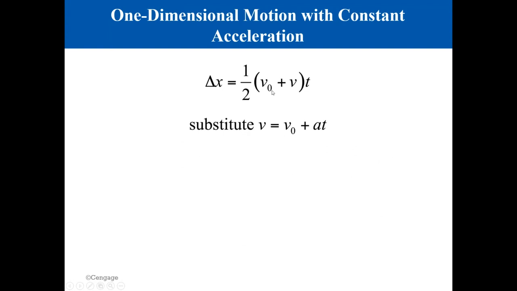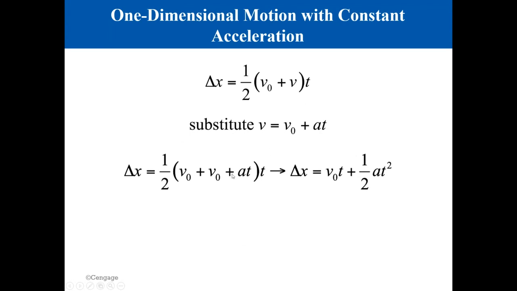Now, if we substitute for the final velocity from the first kinematic equation, v equals v naught plus at, and do some algebra, we have x equals half (v naught plus v naught plus at) times t. So it is 2 v naught multiplied by t divided by 2.